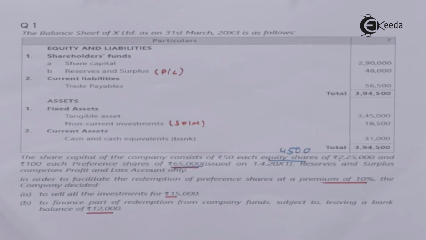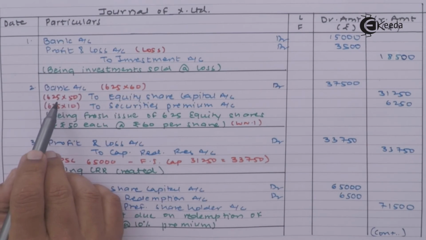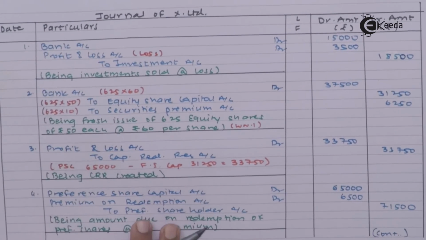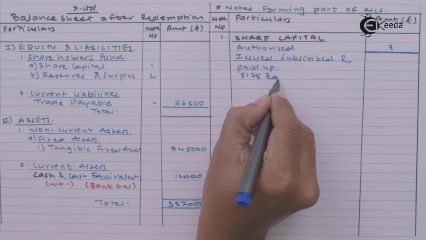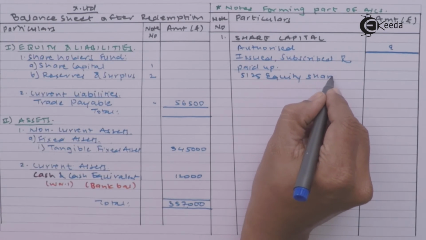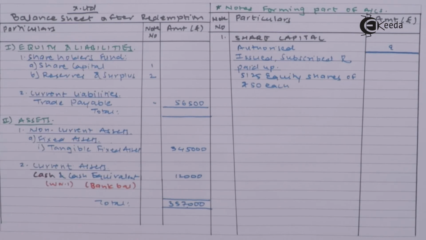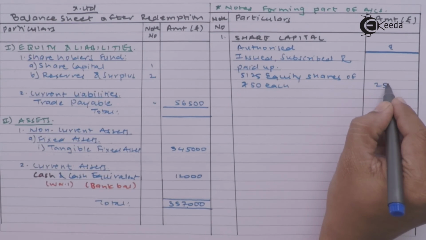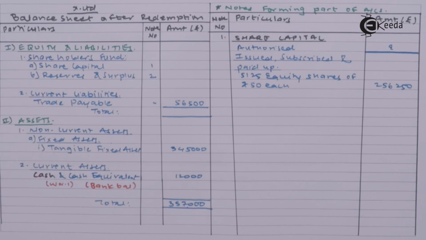Plus, in the current transaction, we have made a fresh issue of 625 equity shares, so 625 will be added. We will have 5,125 equity shares of rupees 50 each. So it comes to 2,56,250.